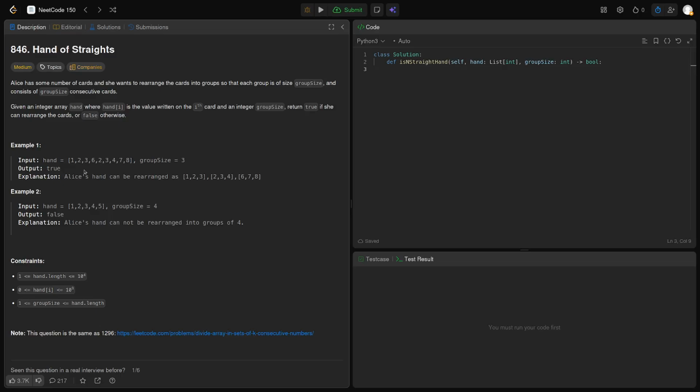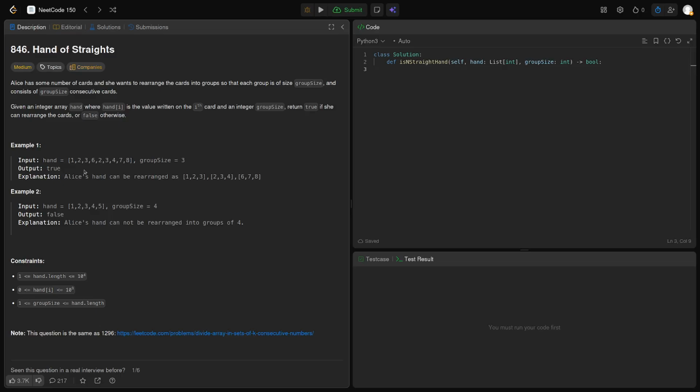Or we could just put this into a multiset, or a set of pairs. Then we decrease counts and remove those that have count zero, and when we get group size we go again. This way it's n log n.